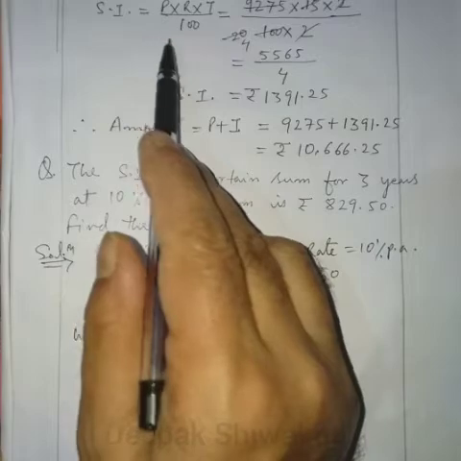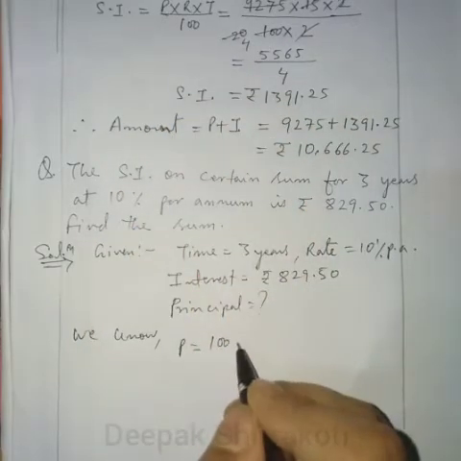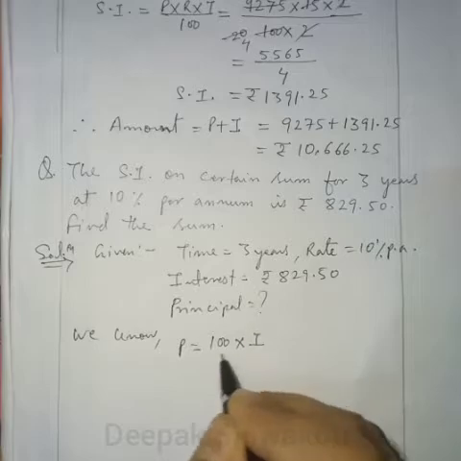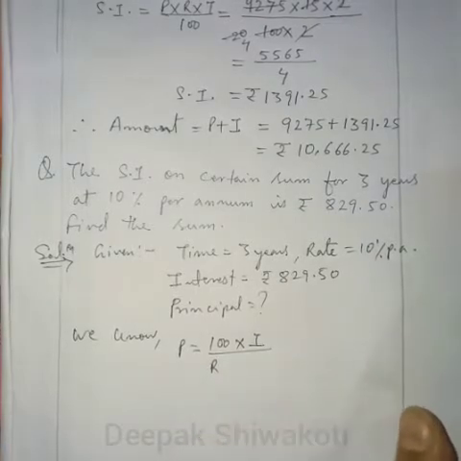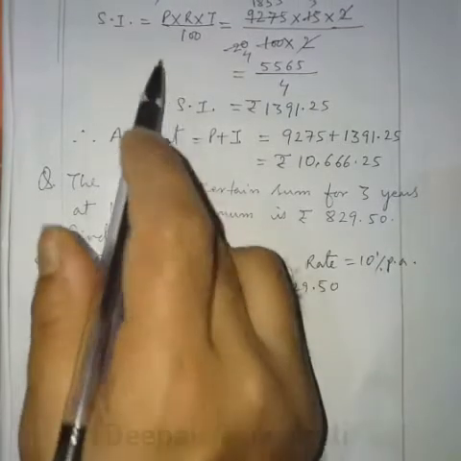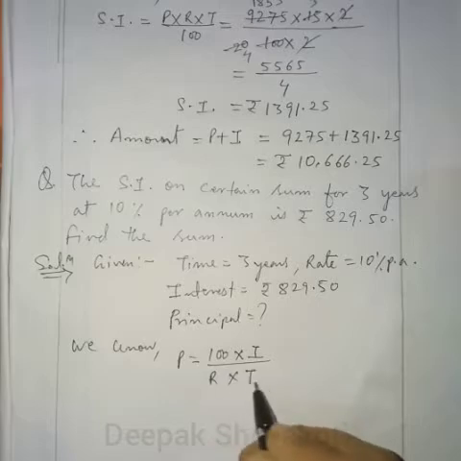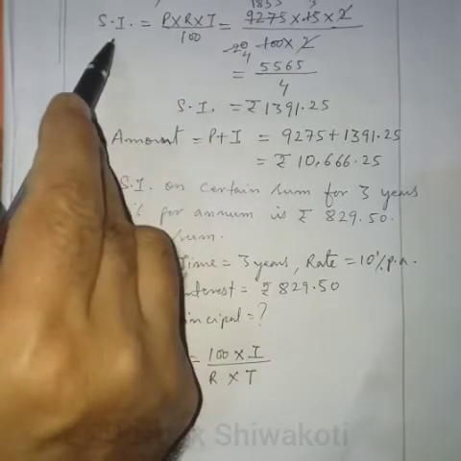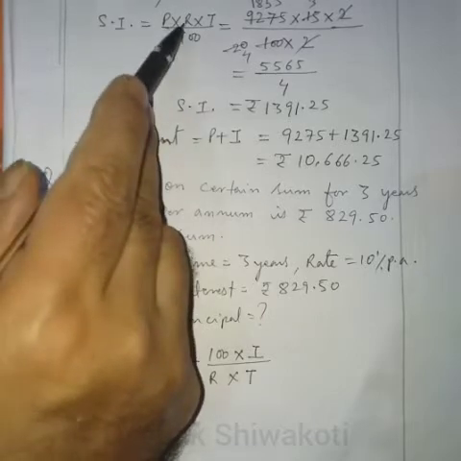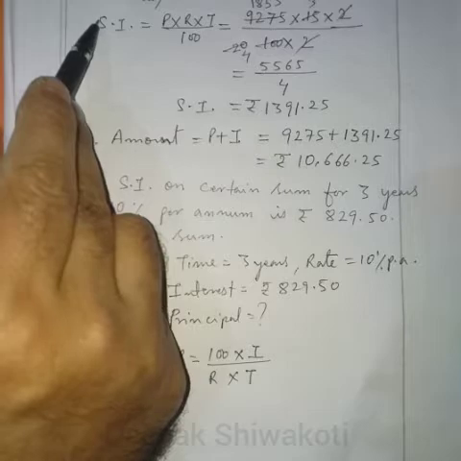So using the formula we know, P is equal to 100 into I by R into T. This formula only we are modifying. You can see this formula here. This T goes to the denominator this side and R goes to the denominator, 100 goes to the numerator.